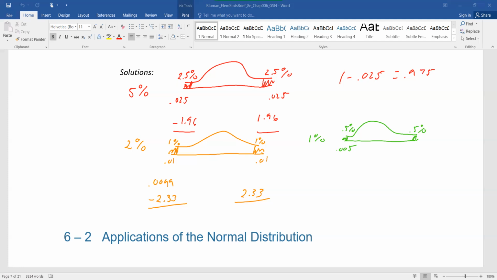I think the answer should be negative 2.75. Okay, this is what they argue. It says, in this case, choose the z value with the greater absolute value. So you would need to round up to the negative 2.8 instead of 2.75.